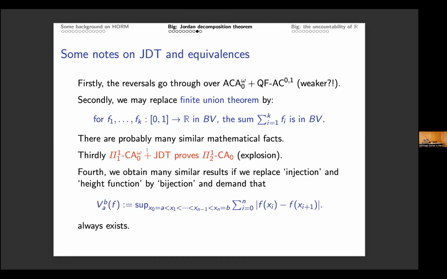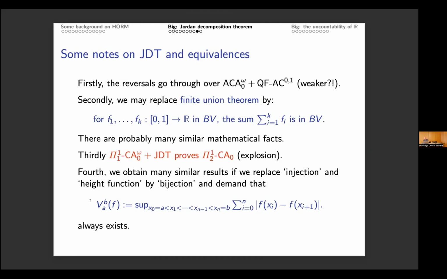Now, before somebody asks, you can demand that this supremum always exists. I just worked with the normal definition of bounded variation. You can say, let's restrict everything to where this supremum always exists. You can, and many of the equivalences go through. You just have to throw away injection and height function and replace that by bijection.